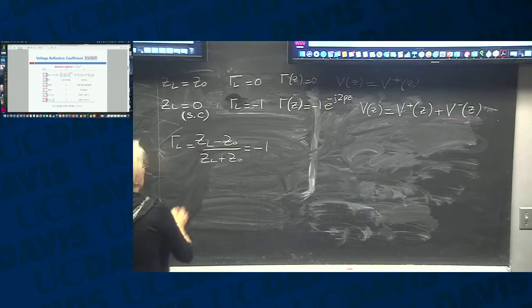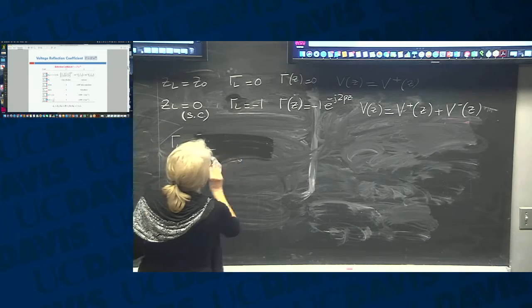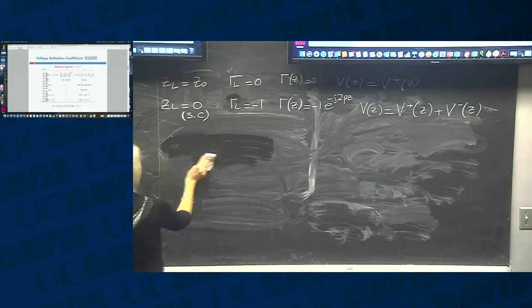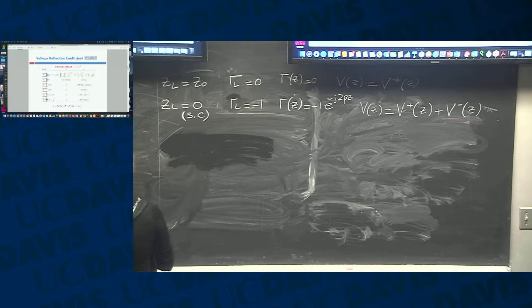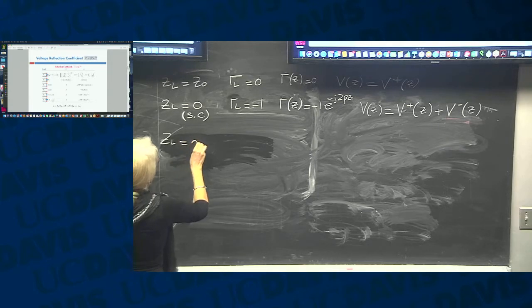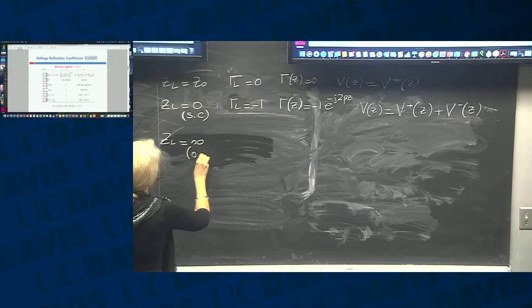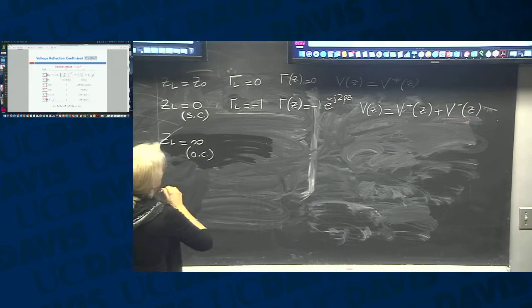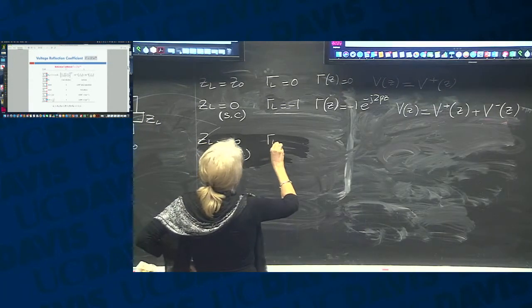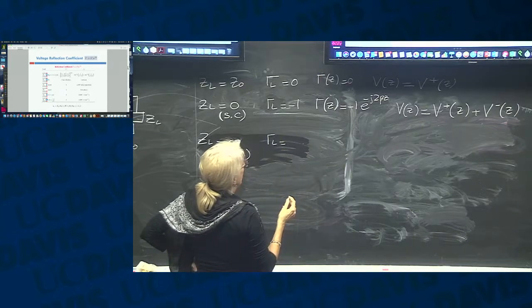Let's now see what is going to happen when ZL is open, very large. Open circuit. Gamma L, remember, how much is it going to be?